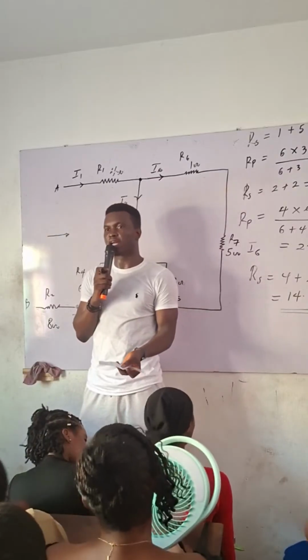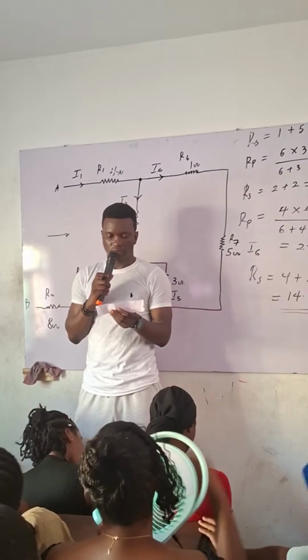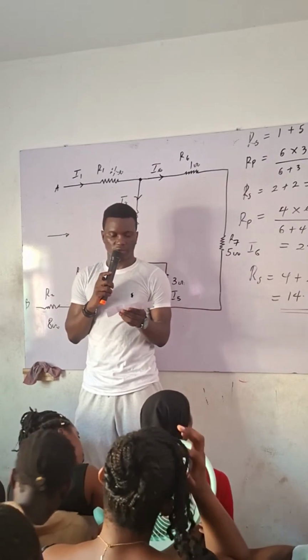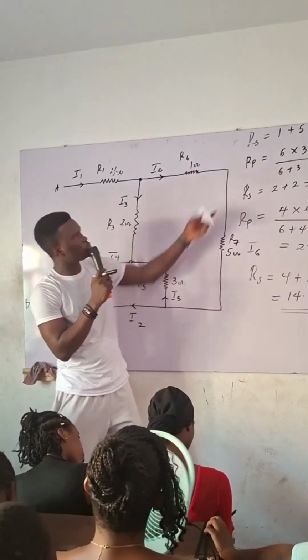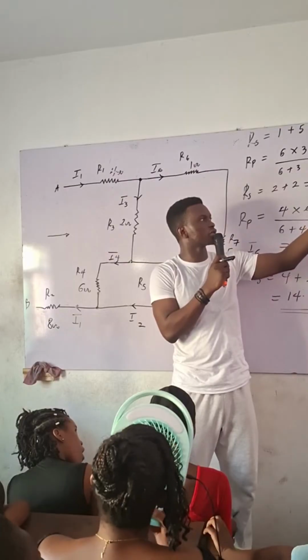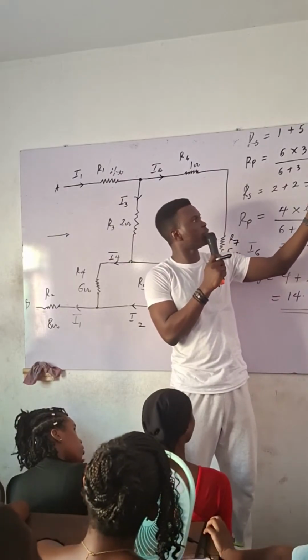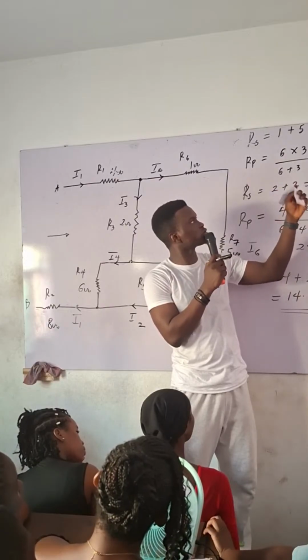What's 18 over 9? So I don't know. You said, sir, you have made a mistake. The RP here, that 2 we got, you said is wrong. Sir, if we use the normal method, we'll get 1 over 2, not 2.